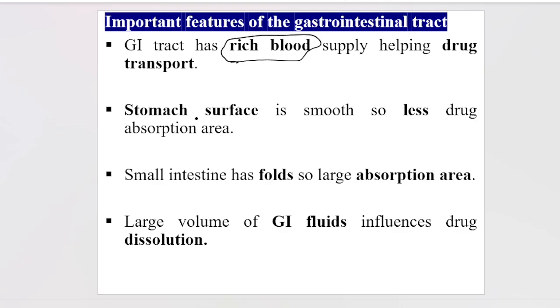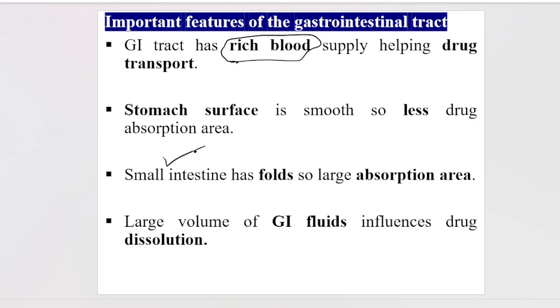In the case of the GIT, we have two major regions, including the stomach, which is one of the organs responsible for the absorption of drug, but the stomach has less surface area because its surface is smooth. So when the stomach surface is smooth, drug absorption is less as compared to the small intestine.